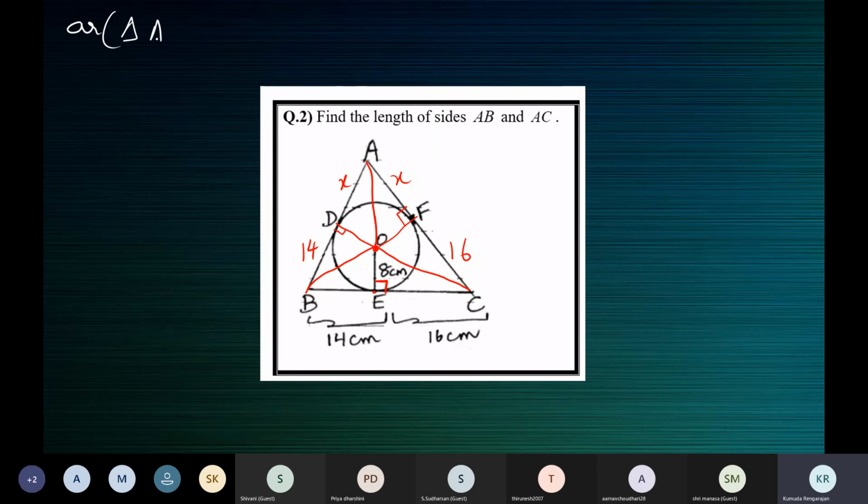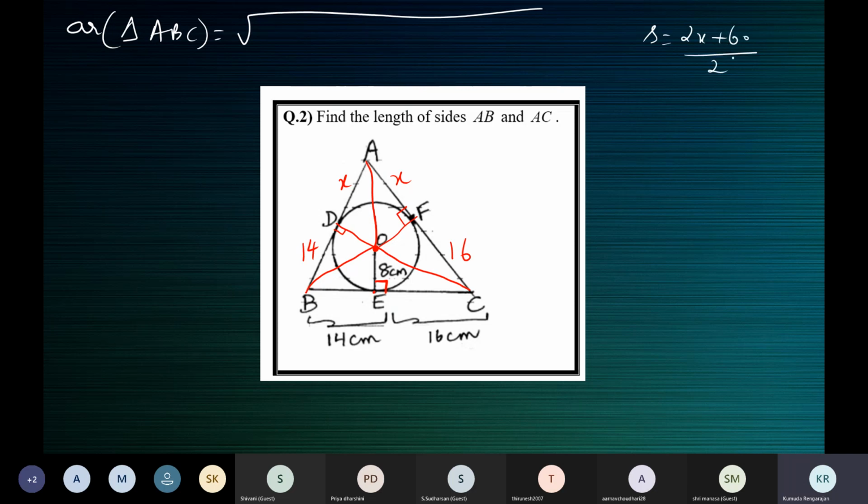Area of triangle ABC using Heron's formula: after substituting, the semi-perimeter is 2x plus 60 by 2. S is equal to 2 common, x plus 30 by 2. 2 gets cancelled. S is equal to x plus 30. This is the semi-perimeter.